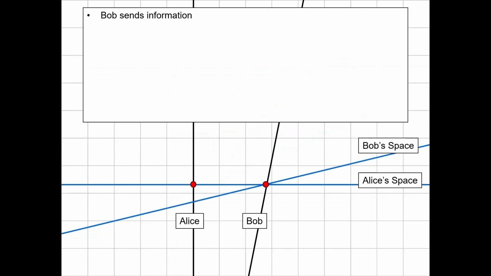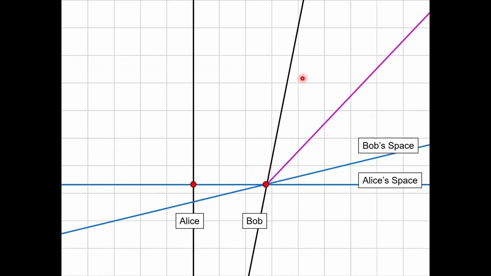Let's check another scenario where Bob sends information. So here we have Bob, and this is Bob's space at this point of time, and this is Alice's space in this point of time, and we have an information track that originates from this point of time on Bob.